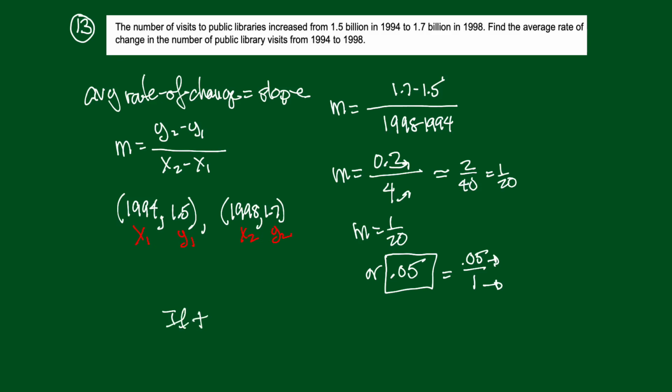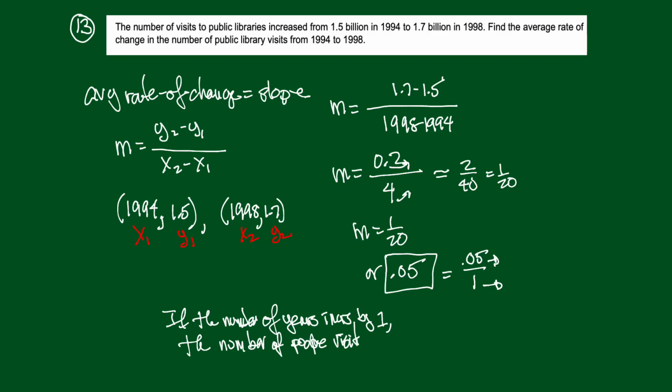So if the number of years increases by 1, the number of people visiting libraries increases.